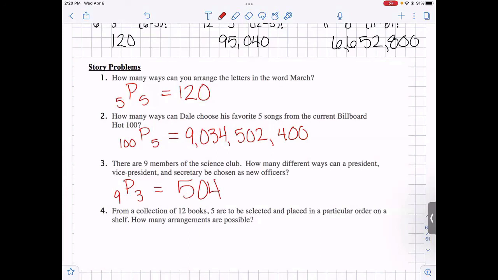Okay, a collection of 12 books. 5 are to be selected and placed in a particular order. 12 permutations of 5. Type it in your calculator. Hang on to your answer, please.